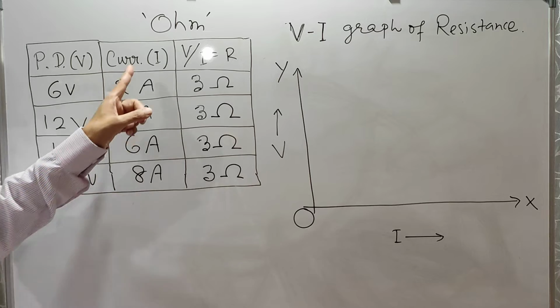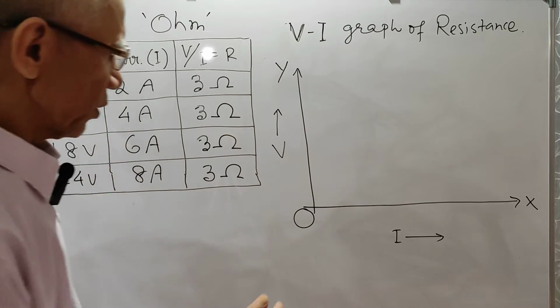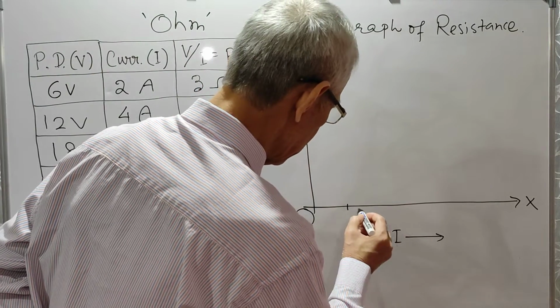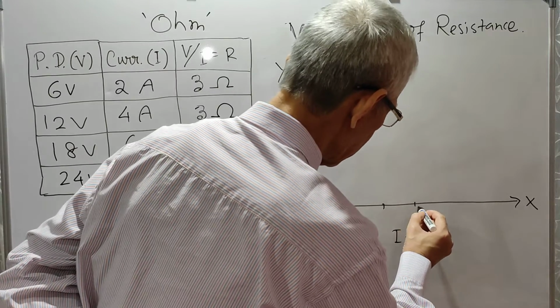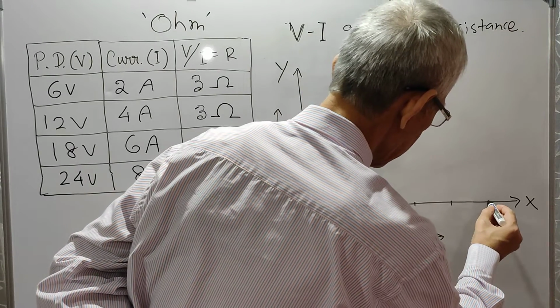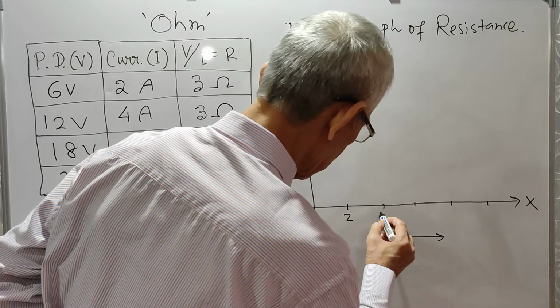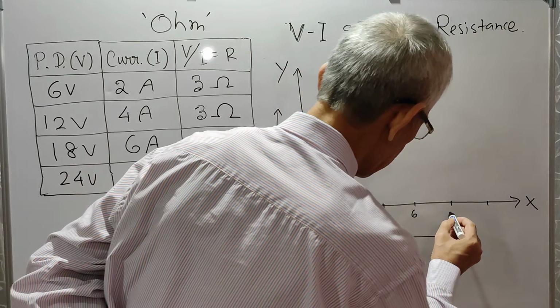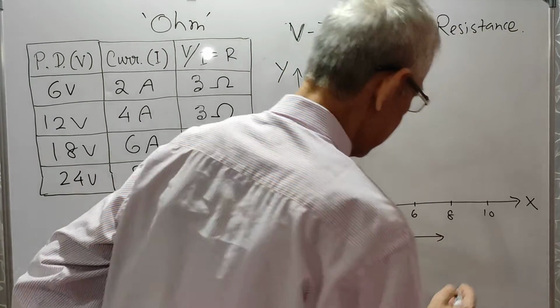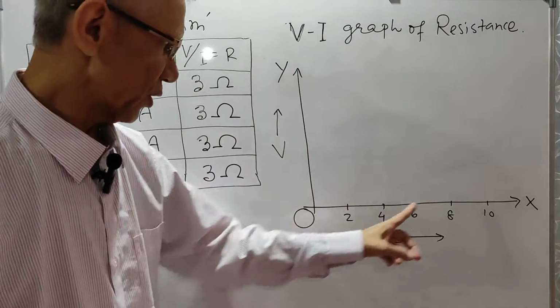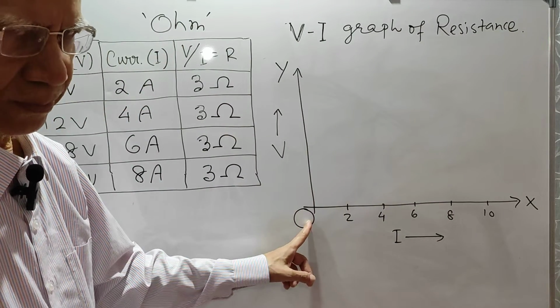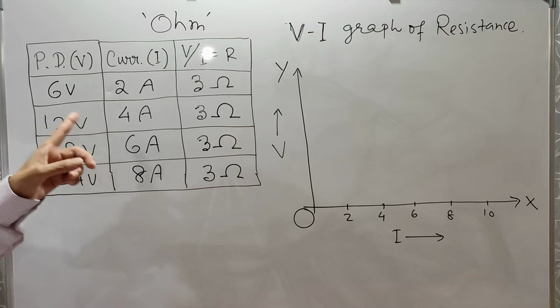Okay. Now current is 2, 4, 6, 8. So let us see. Suppose this is 2, this is 4, this is 6, this is 8, this is 10, like that. So this is along x-axis. This is the origin. Origin is 0. And along y-axis what?